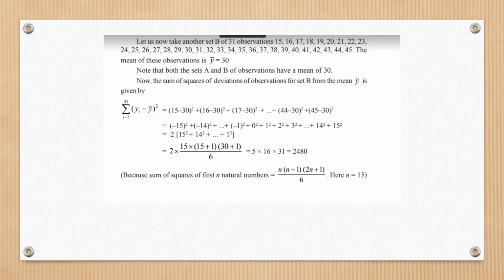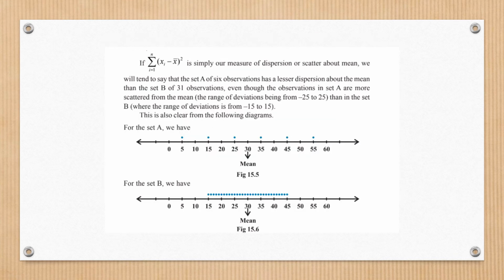Similarly for the set of B observations given here. In this question, the formula for sequences and series is also applied: n into n plus 1 into 2n plus 1 upon 6.